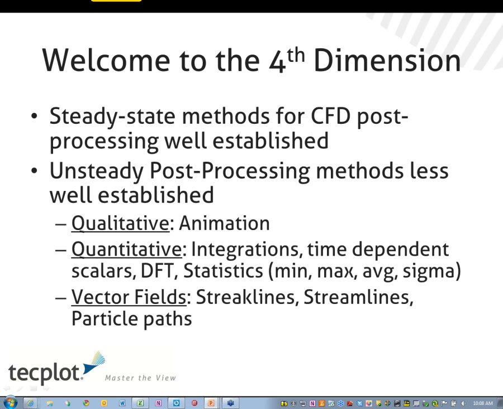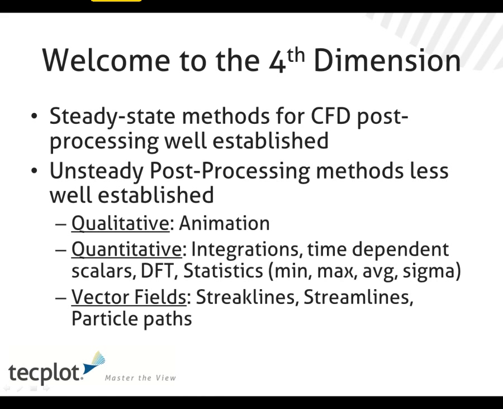And there's really a change in how the vector field visualization works when you get into time-dependent data. For steady data, streaklines, streamlines, and particle paths are all the same thing. But for unsteady data, they're very different. And we'll spend a little time walking through a couple of examples of how you can use the different strategies, streaklines and streamlines, to analyze an unsteady result.